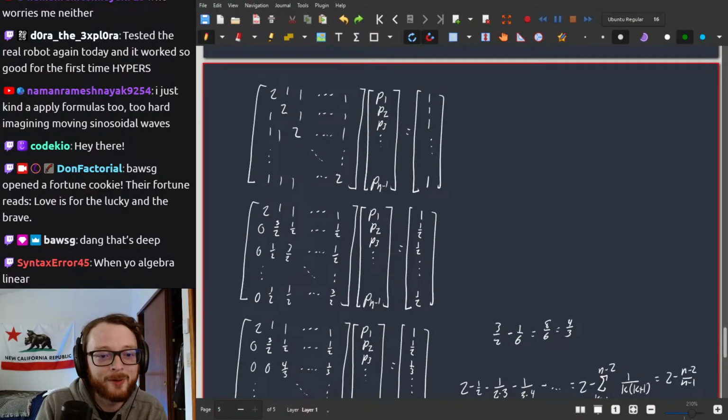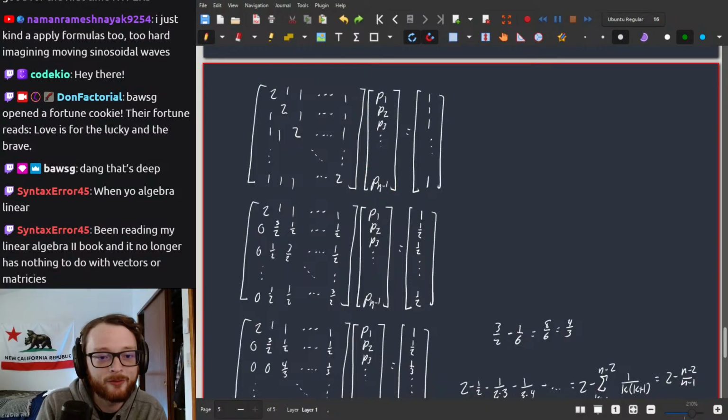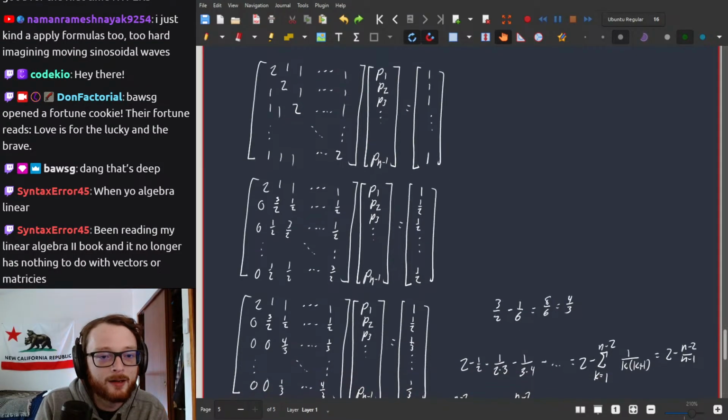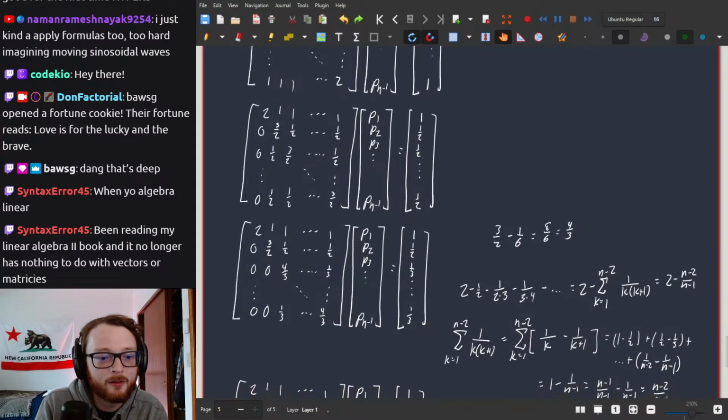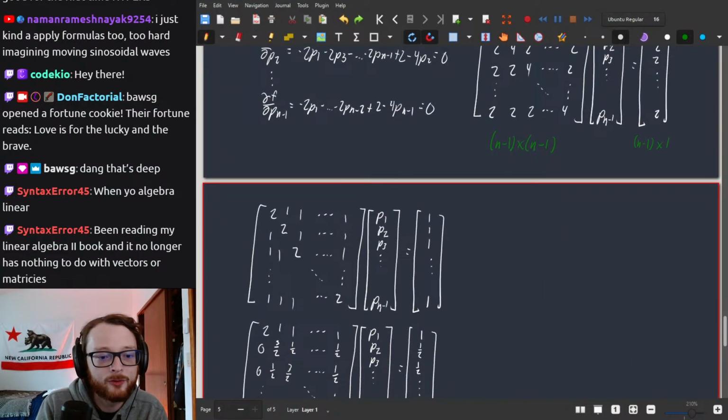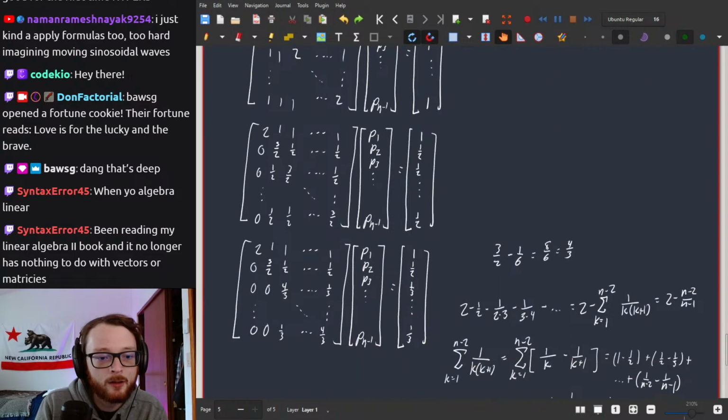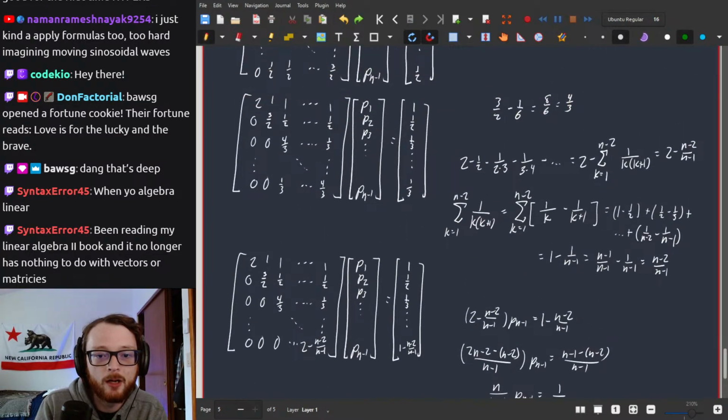And so I was really just worrying about getting the final variable here, so that comes out to be 1 over n. That's basically going to assure me that all the others are going to be 1 over n as well. And so what you find is that this entry here starts as 2, and then as you do row operations to try and get zeros on that lower triangle, you're going to end up subtracting off 2 minus a half, minus a sixth, minus a 12th, and this turns out to be a series of things that you're subtracting off.